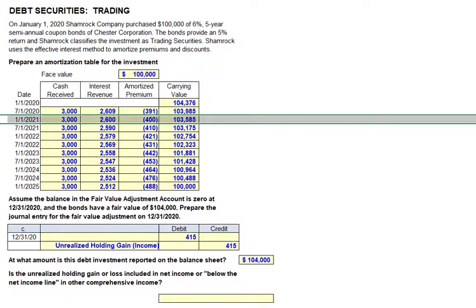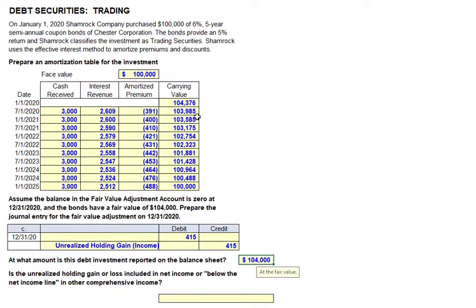So the difference between our $104,000 and our carrying value of $103,585, we need to increase the fair value of our bonds, and we will record a $415 unrealized holding gain, and that's part of net income.